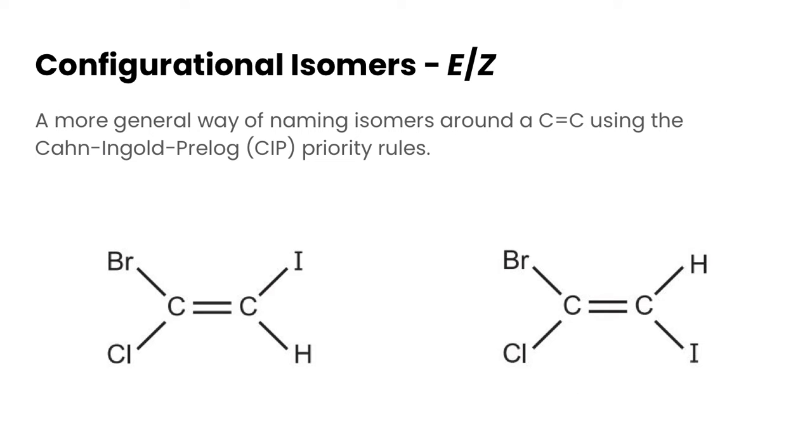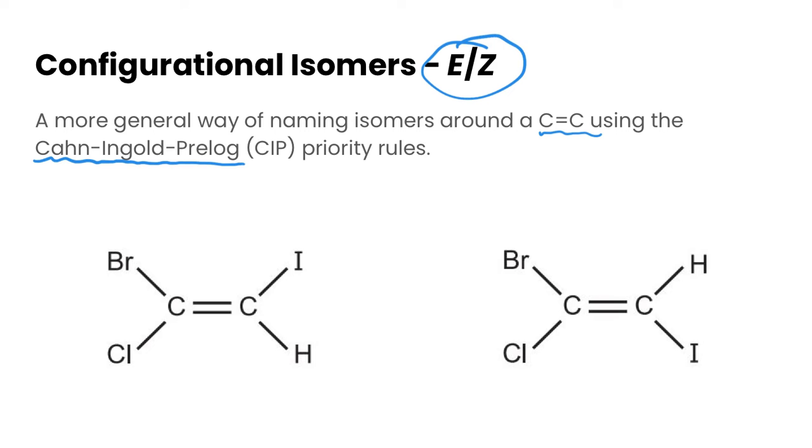Now, sometimes it's not as easy to pick out what groups you're using to decide whether you have cis or trans isomers. So there is a bit more of a general way to name these types of isomers with the EZ system. And so what we're looking at is we're looking around a carbon-carbon double bond, but we're going to use some priority rules called the Cahn-Ingold-Prelog, or CIP rules for short.